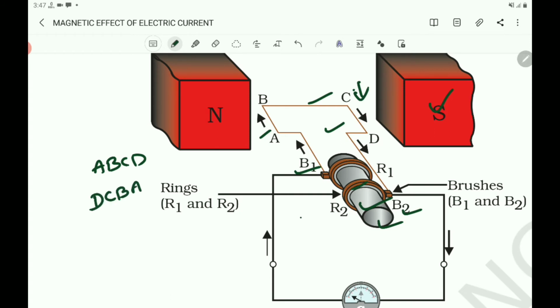The current flows from B1 to B2. Thus the direction of current in the external circuit changes after every half rotation.